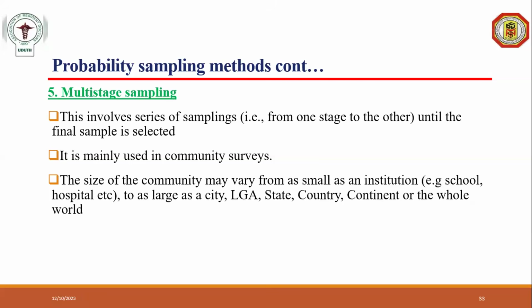Then at the end of the day, you say stage 5, selection of study participants. So here you can use either simple random sampling or systematic sampling to select your participants at the grassroots in the health facility that you are going to select your study participants from. So that is how you go about it. That is what we call multi-stage sampling technique.